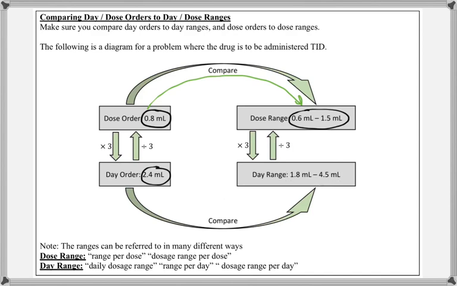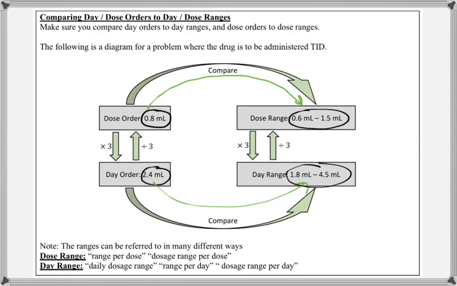To get the day range from the dose range, you would multiply by 3. So 0.6 times 3 is 1.8. 1.5 times 3 is 4.5. So I would compare 2.4 to that. And they should be consistent. So if the dose order is within the dose range, then the day order should be within the day range.